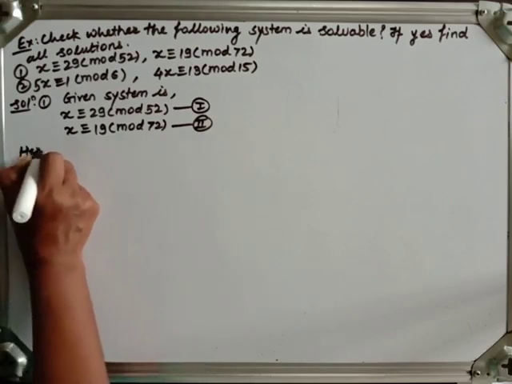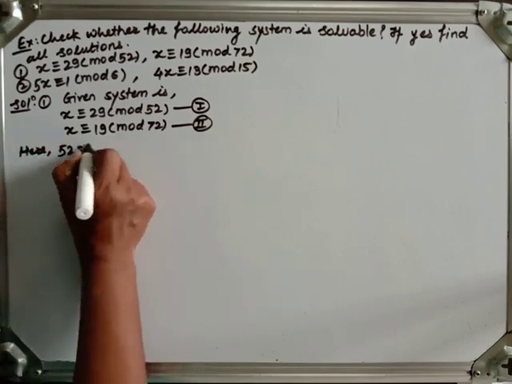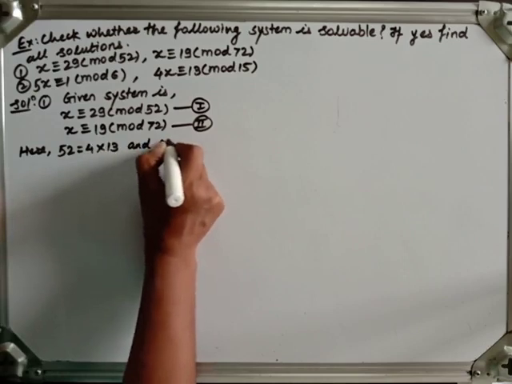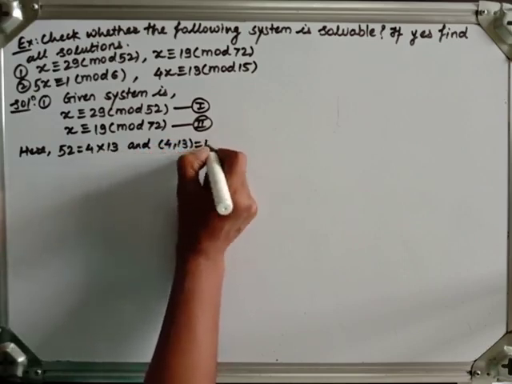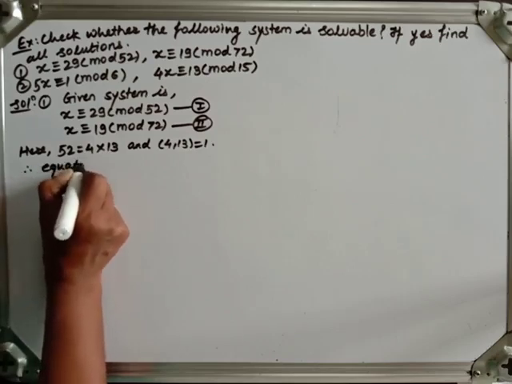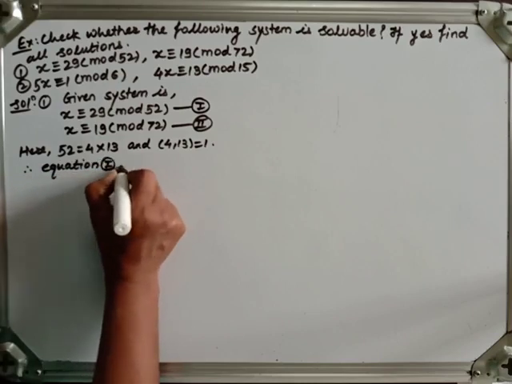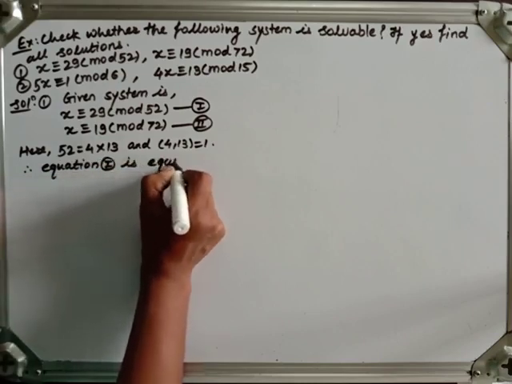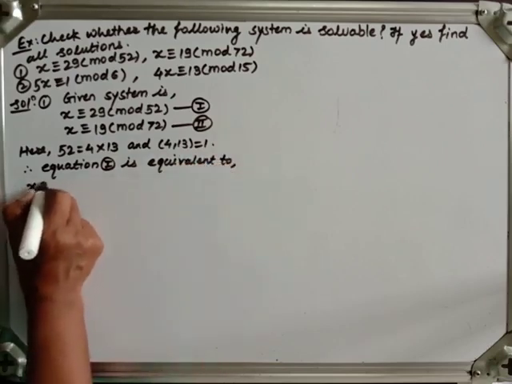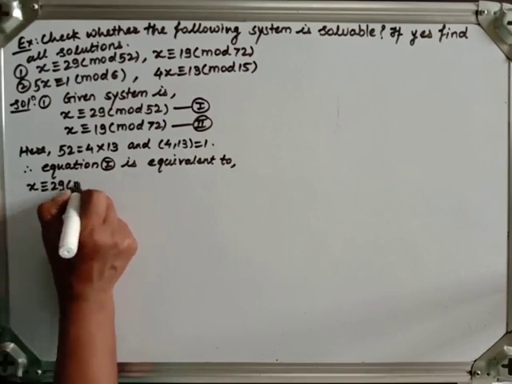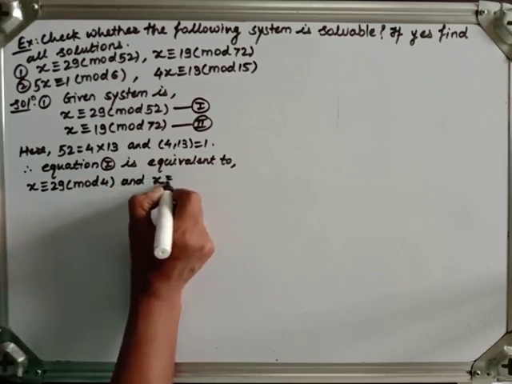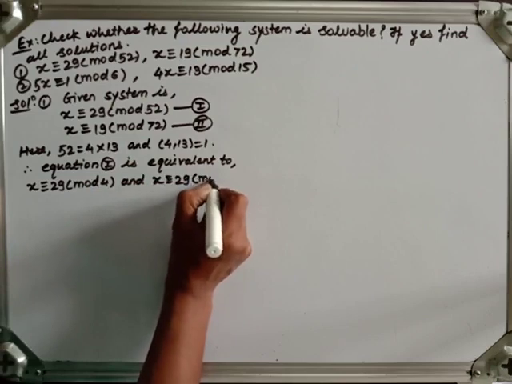Here, 52 can be written as 4 into 13, and 4 and 13 are relatively prime. Therefore, equation 1 is equivalent to x congruent to 29 modulo 4 and x congruent to 29 modulo 13.